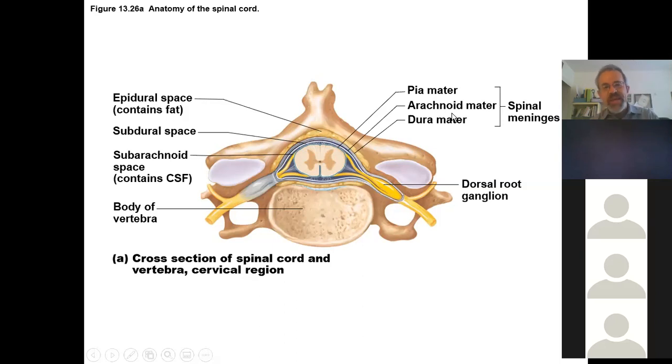It got its name because it has a spidery appearance. And the innermost layer is the pia mater, which is literally in contact with the spinal cord itself. We've got other spaces in here between these different layers, and we'll talk about those in a little bit. So these are very important. We have fluid that travels through these layers, but just know for now, there are 3 layers that wrap the brain and also wrap the spinal cord.